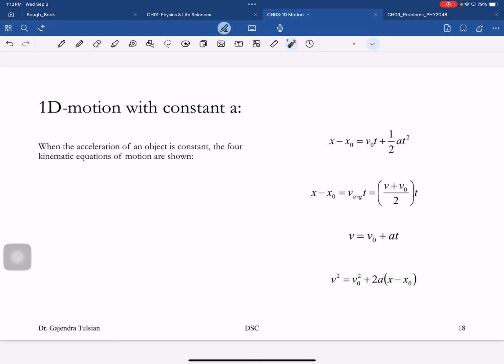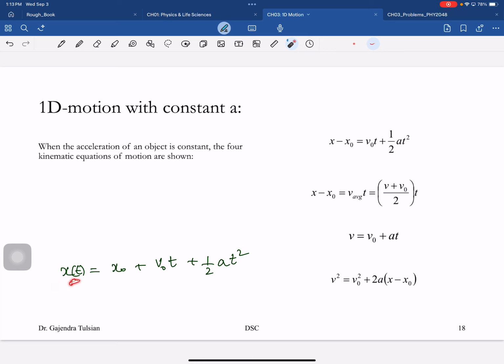What this formula is telling you is the displacement, or you can bring this to the other side, and this is giving you the position as a function of time. The position of an object as a function of time is x equals x naught plus v naught t plus 1/2 acceleration times time squared.